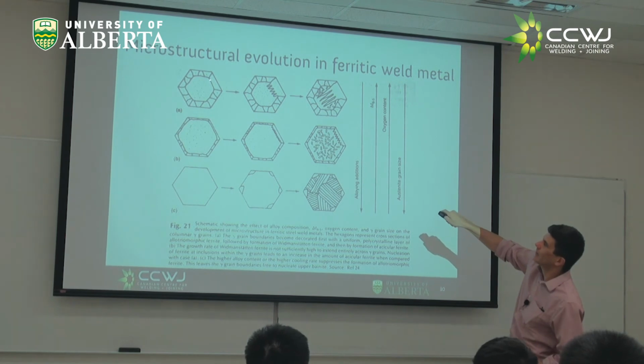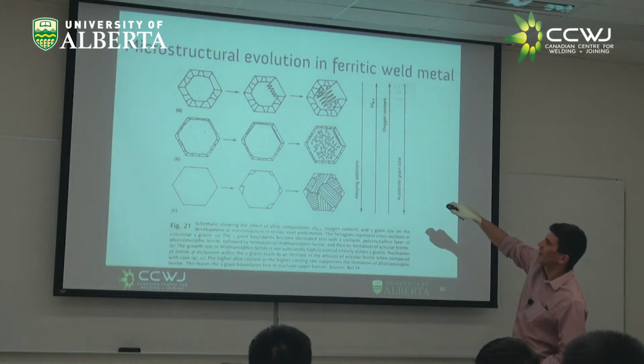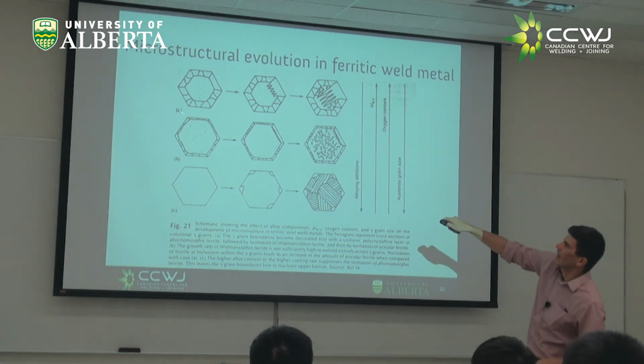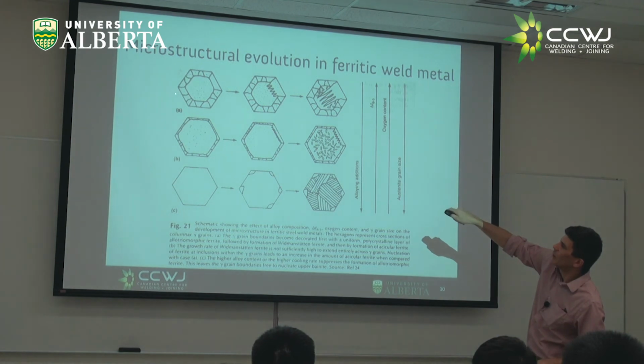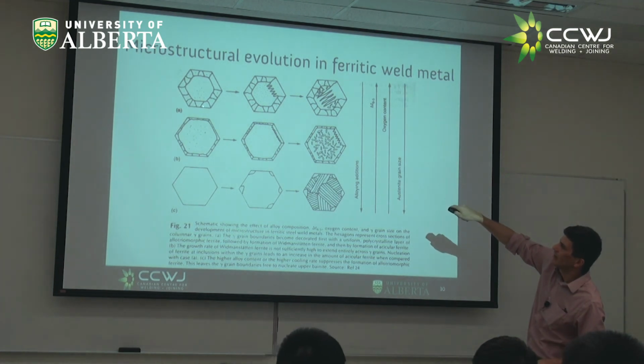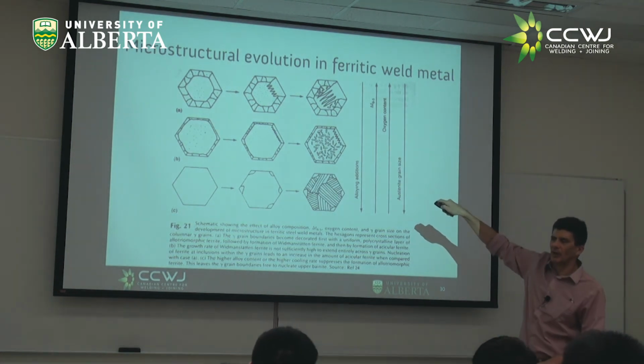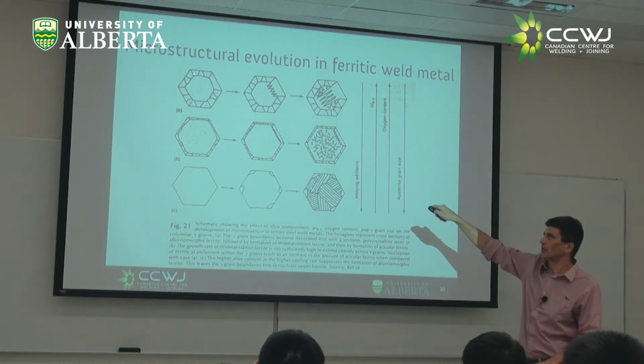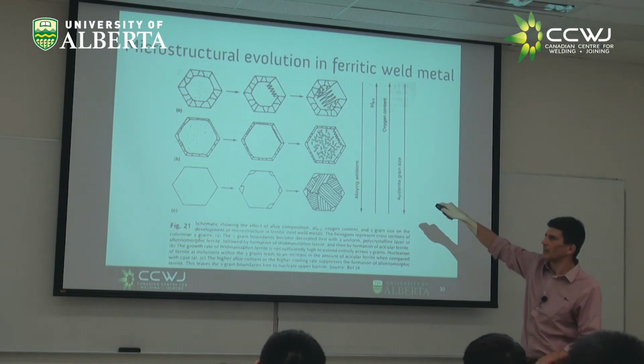So let's look at this. You see this hexagon is the common way in which people represent the austenite grain size. And this thing here, this is the primary ferrite nucleating on the grain boundaries of the prior austenite grain, right?